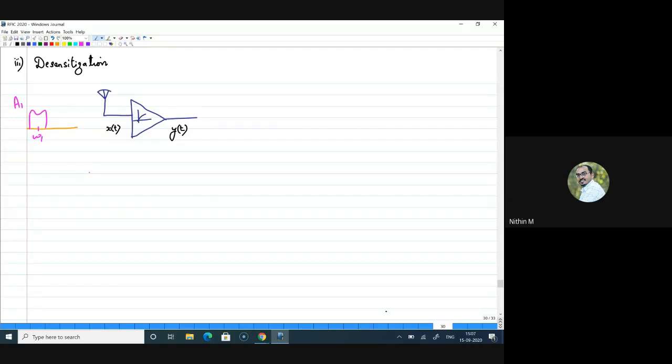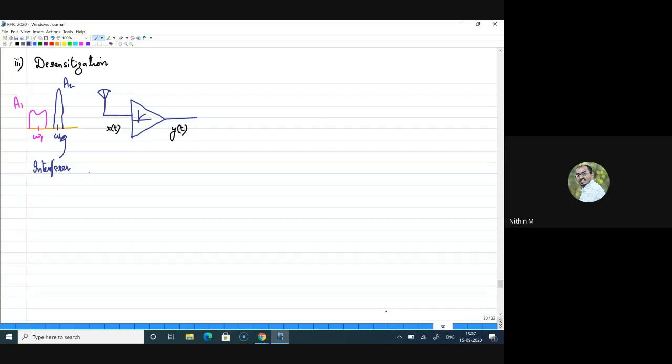But along with this desired signal, I am considering one undesired signal, where this undesired signal is located at omega 2 with an amplitude of A2. We generally call this undesired signal interference.